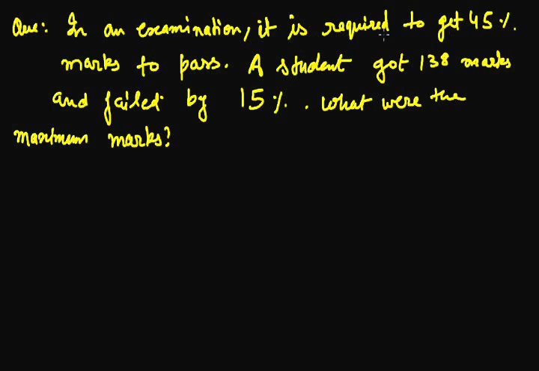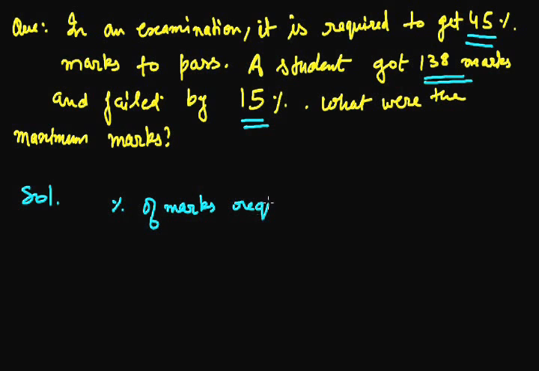In an examination, it is required to get 45% of marks. But the student got only 138 marks, and he failed by 15%. So we can say that the percentage of marks required was 45%.